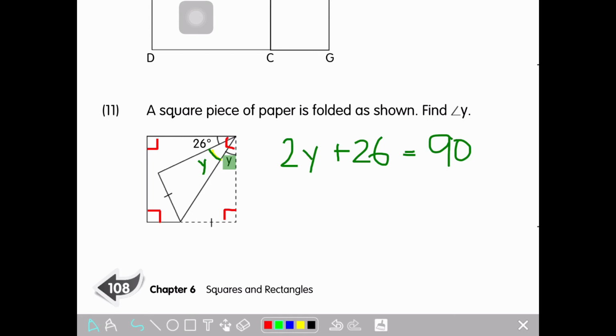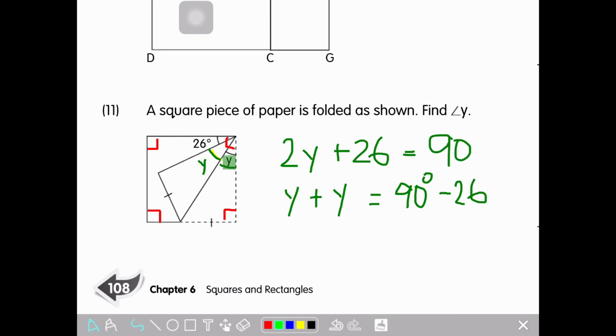How do we find the angle of 2y? 2y is the same as y plus y. Y and y. How do we find the angle of y and y? Y and y is equals to 90 degree minus 26 degree.